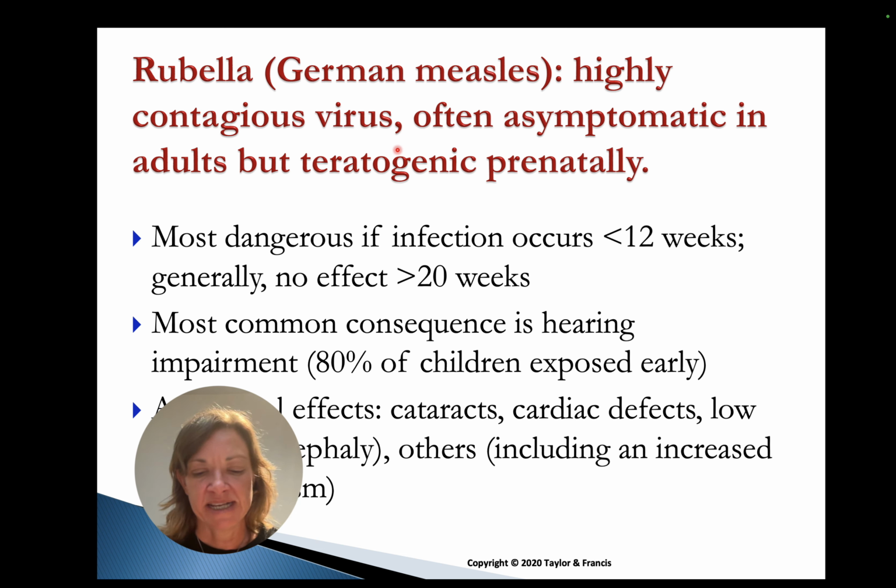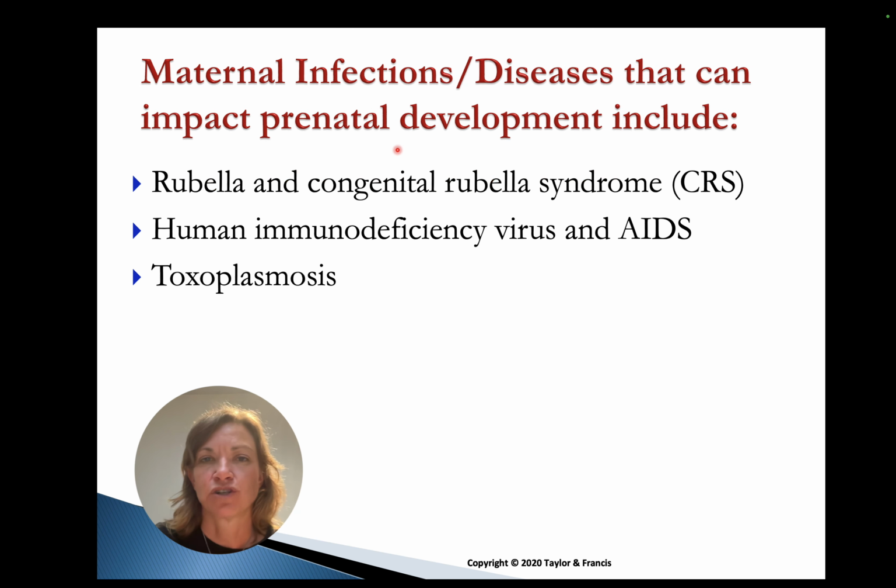If a woman is pregnant and unvaccinated and exposed to rubella in a critical period, her child can develop congenital rubella syndrome, or CRS.